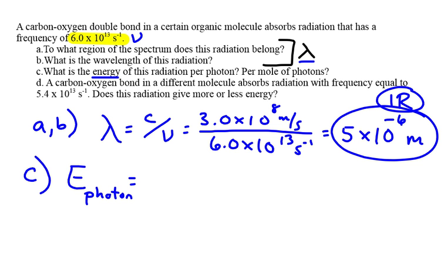That's all it is. So when you have a choice, you should always use the value that's given to you. I solved for a wavelength, but I was given a frequency. Hope that makes sense.